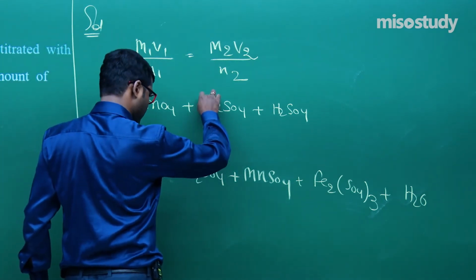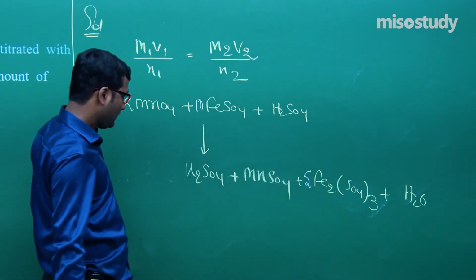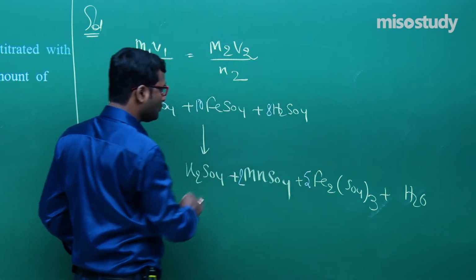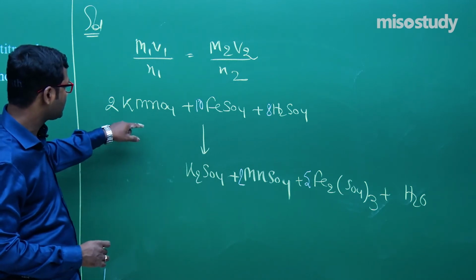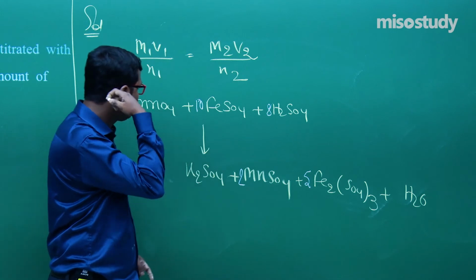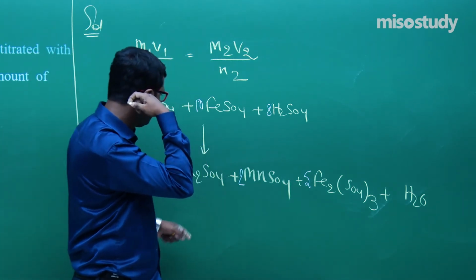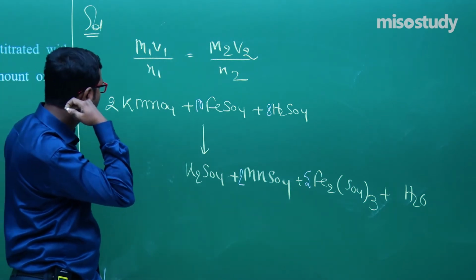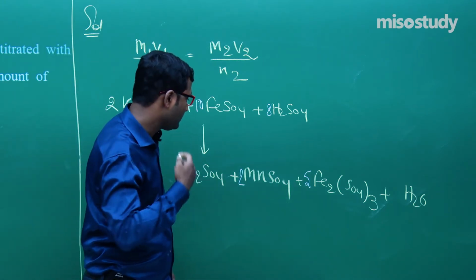Here put 2 KMnO4, put here 10 FeSO4, put here 5 K2SO4, put here 2 MnSO4, put here 8 H2SO4. Now count: K2, 2 times; sulfate here 10 times, sulfate here 1, 5 threes are 15, 10, 8, 18 times, 15 and 3, okay, 18 times. Now what is oxygen? 4 to 8 and 8 here.